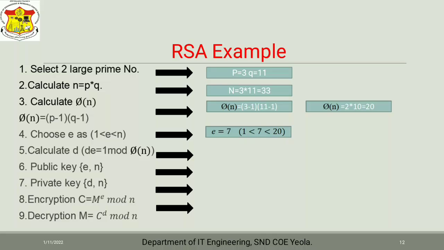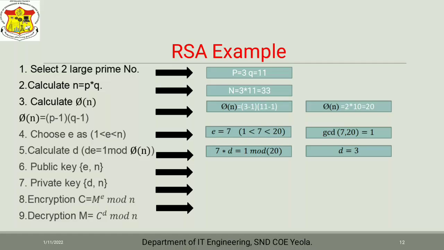The fourth step is to choose the value of E in such a way that it lies in the range of 1 and n. So the value of E is equal to 7, and GCD of 7 and 20 is equal to 1. The fifth step is to calculate the value of D. The formula here is D into E is equal to 1 mod phi of n.